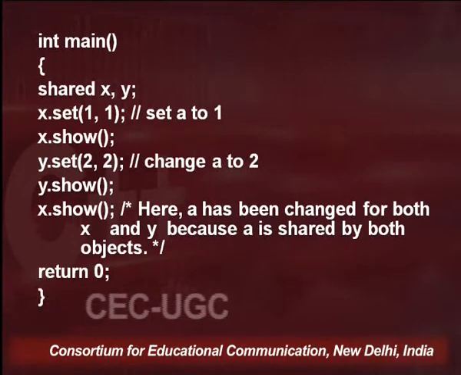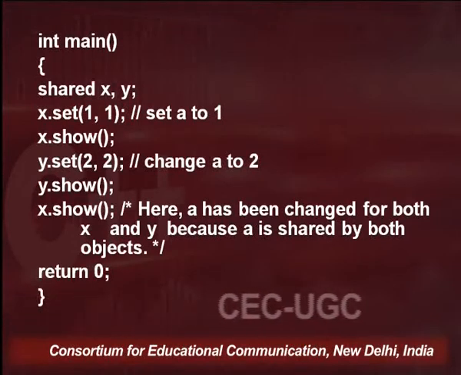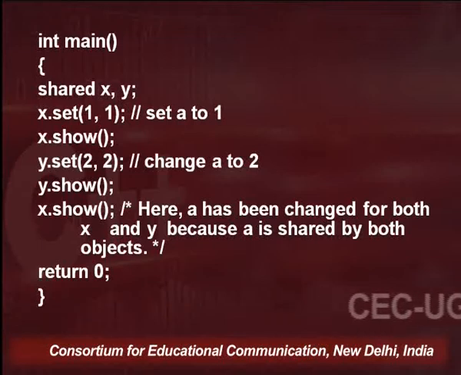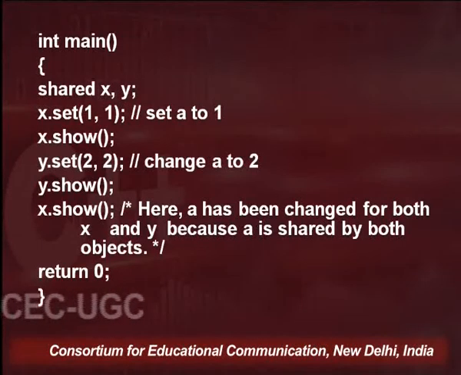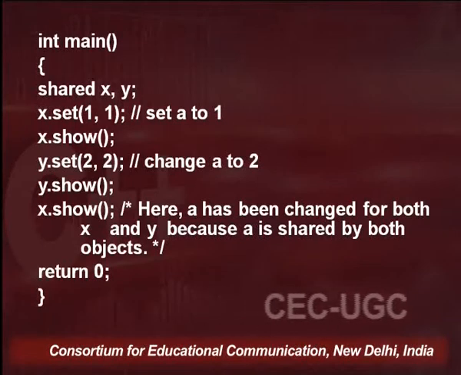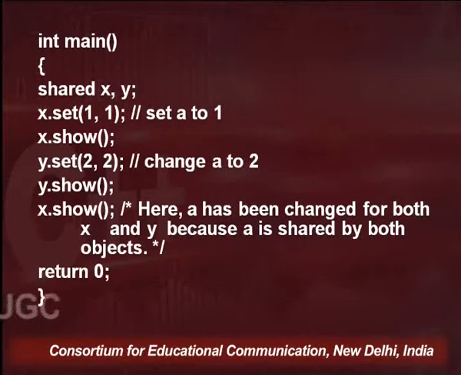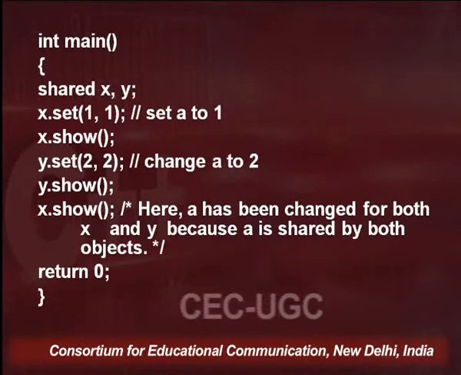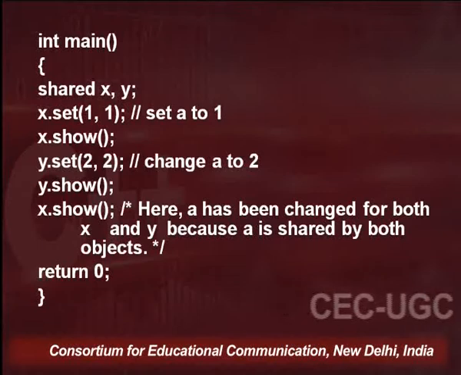If I look at the next statement, which is x dot set 1 comma 1, according to the definition of set, it is going to set the value of a to 1 as well as the value of b to 1, where please recall that a is a static variable while b is a normal variable.